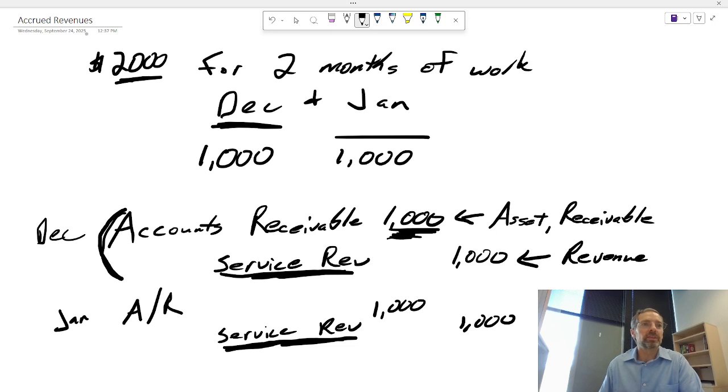All right, so the important thing for this chapter is being able to recognize this adjusting entry right here, that we debit some sort of receivable and credit some sort of revenue. Again, this is when we do the work before we receive the cash.